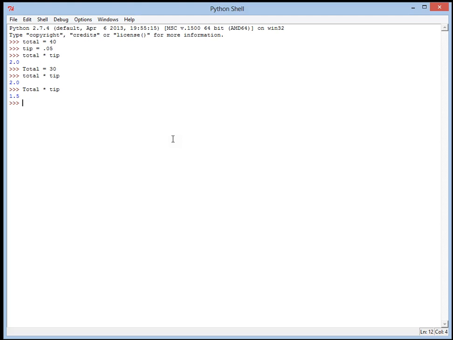So if your variable was total, you have to make sure later on in your program that you spell it the exact same way with the same case, because Python is case sensitive. Now this comes in play because it allows you to make lots of variables that are similar, but they would still be different.